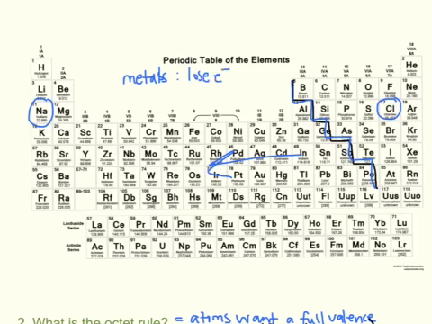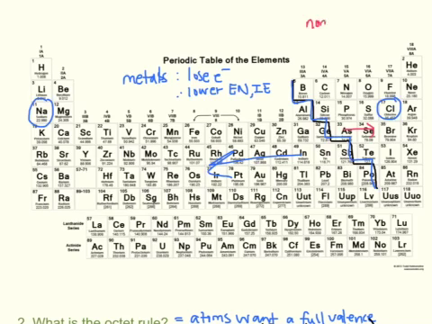That means that they are going to form ions by losing their valence electrons. And they do that because they have lower electronegativity and ionization energy compared to our nonmetals. So our nonmetals are on the right side of the stair-steppy line.